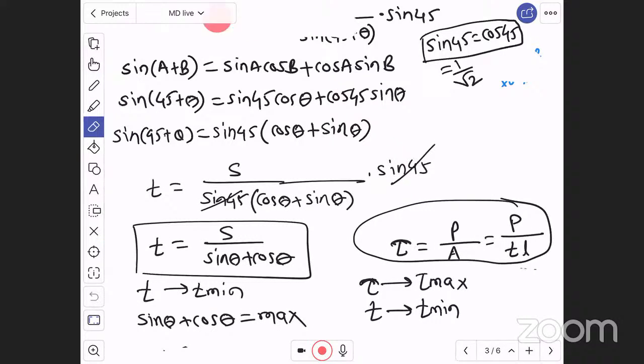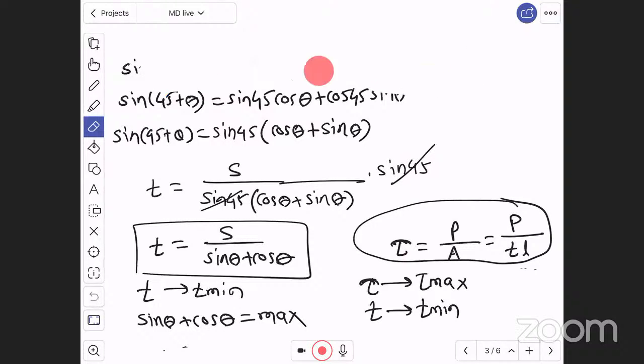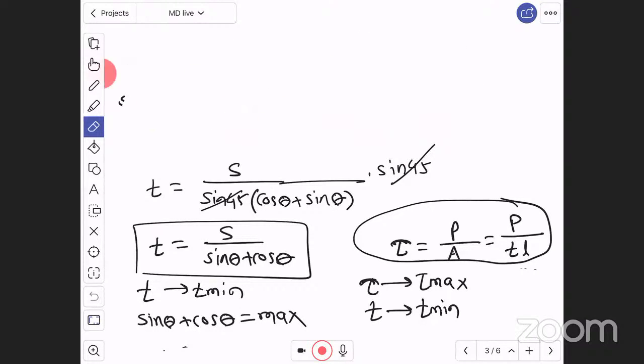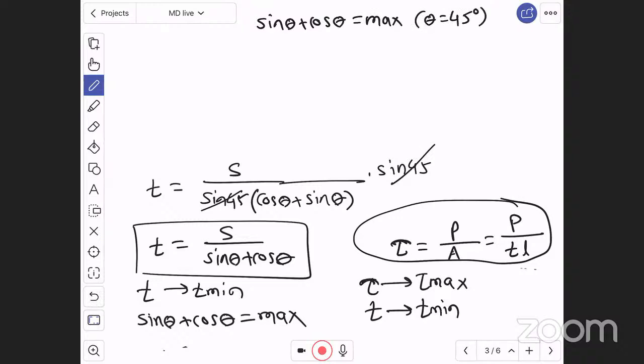Now these basic things you must know. Sin theta plus cos theta is maximum when theta is 45 degrees. My dear students, sin theta plus cos theta becomes maximum when theta becomes 45 degrees. You can check, take any angle and look. You can check this, right, it becomes maximum whenever theta is 45 degrees.